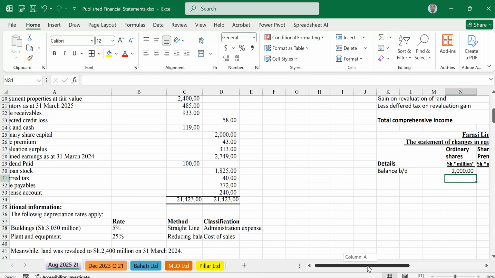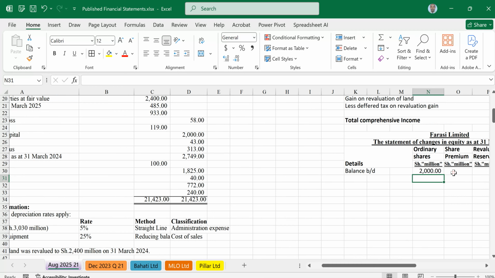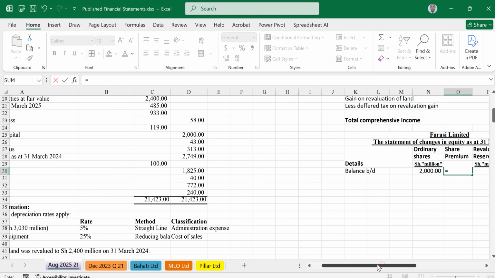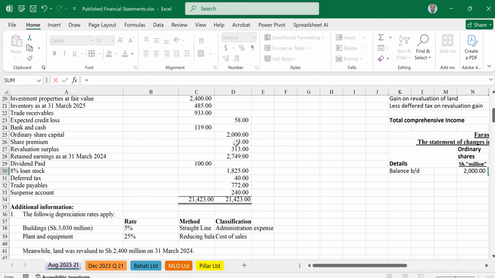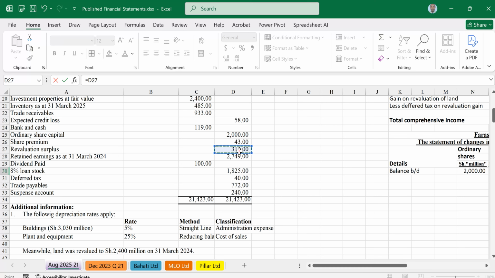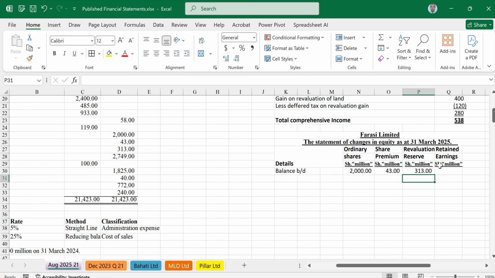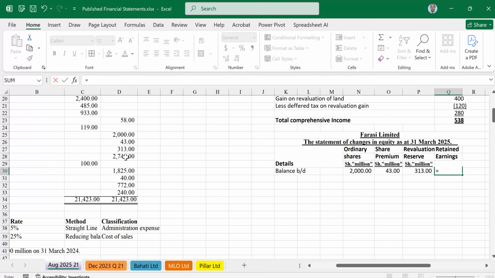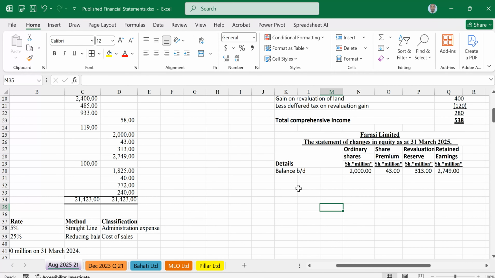Share premium looks like 43. Revaluation is 313. Retained earnings is 2749. Those are the balances that we have.